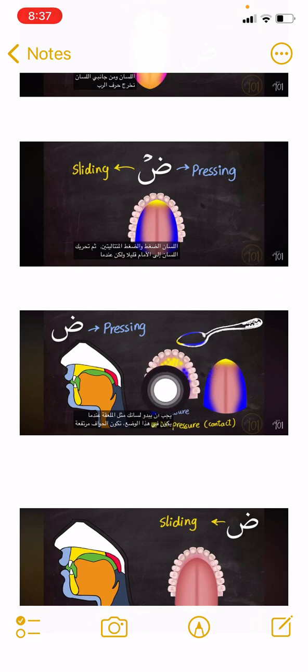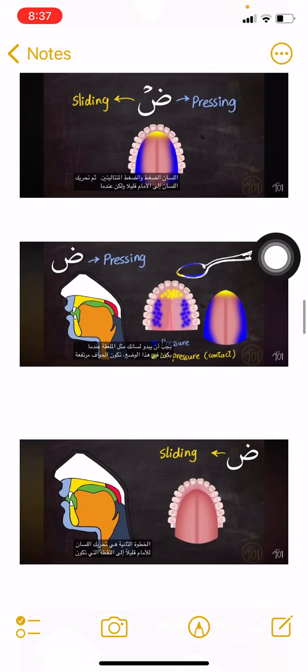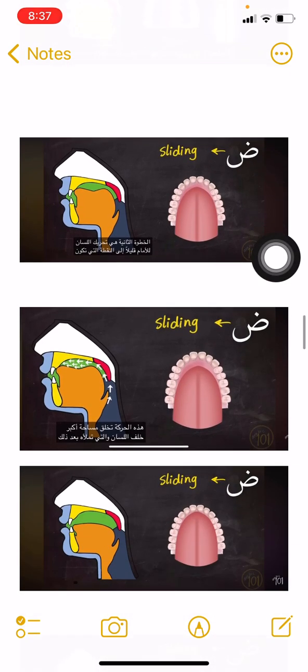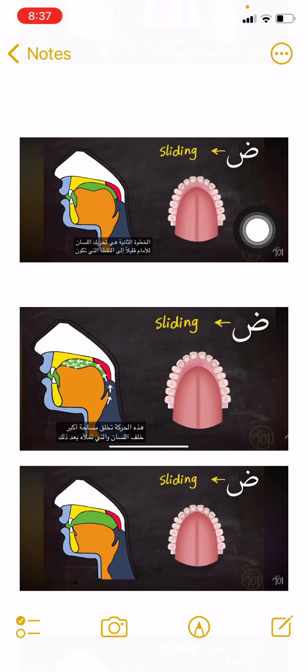Look here. This area is lightly touched, no pressing. Here, sliding. Look at this. Here is the tongue reaching till this point. Then with sliding it forward, it becomes like this.